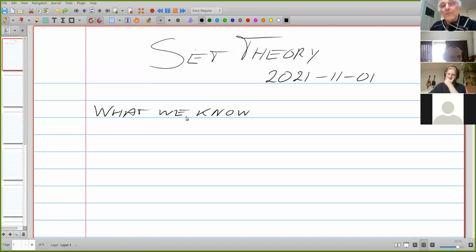So what do we know? What is the easy bit that we know for infinite cardinals? I'm not going to do all kinds of special pluses or multiplication signs.